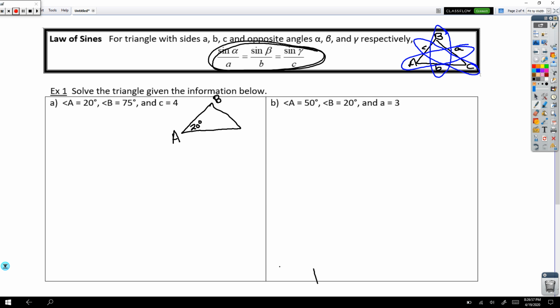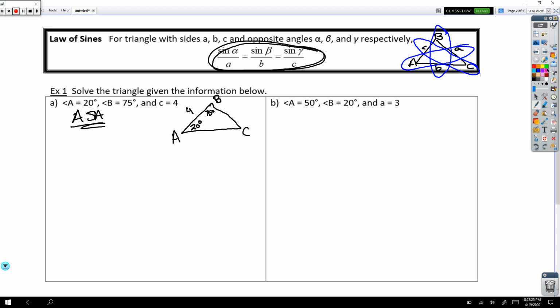Angle B is 75 degrees. I don't know C. And side C is 4. So I have side, angle, side, angle. So this is ASA. Okay, again, which means that this is case 1.